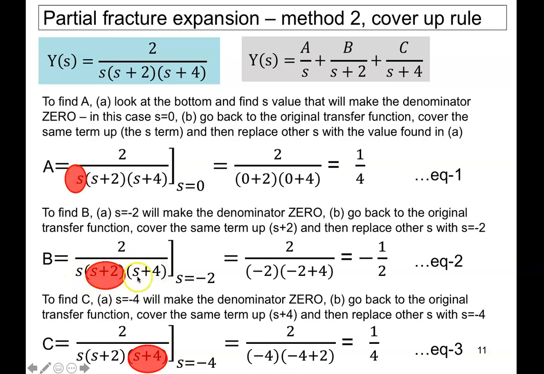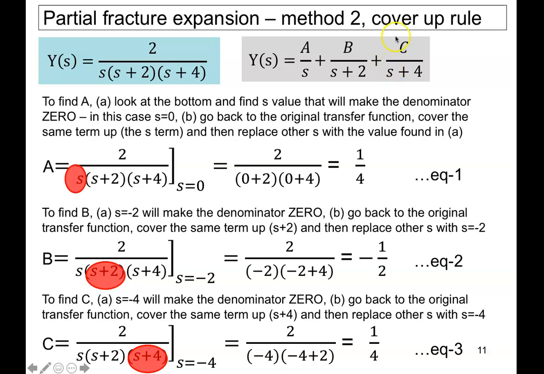Set all the other s's to minus 2. So s here becomes minus 2, s here becomes minus 2. And so I have 2 divided by minus 2 times minus 2 plus 4. That will give me minus 1 over 2.